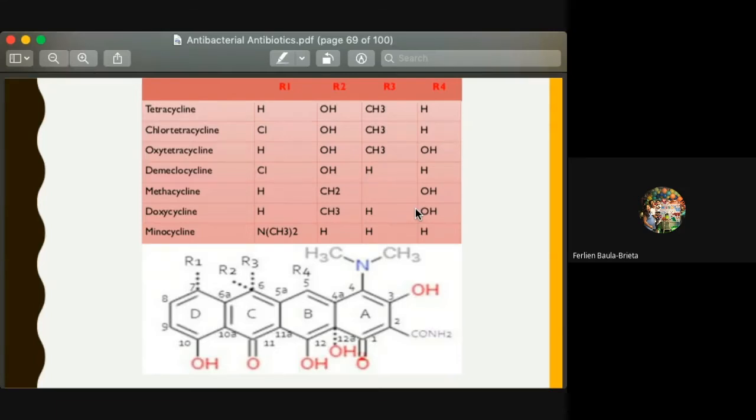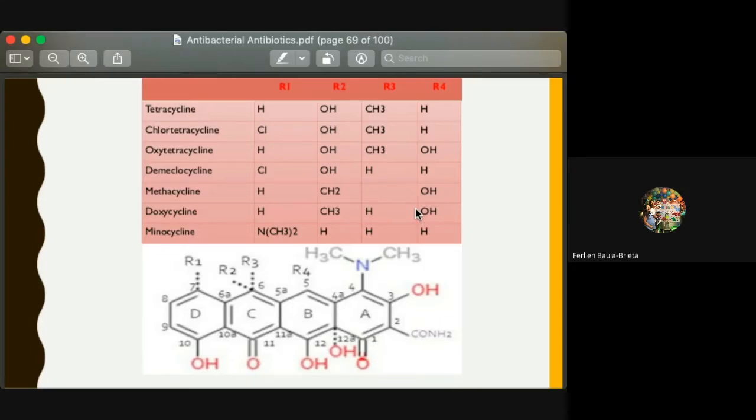Now, if our basic tetracycline is added with chlorine, it will become chlortetracycline. And another is, if our basic tetracycline is added with hydroxyl in R4, it will become oxytetracycline. Okay?